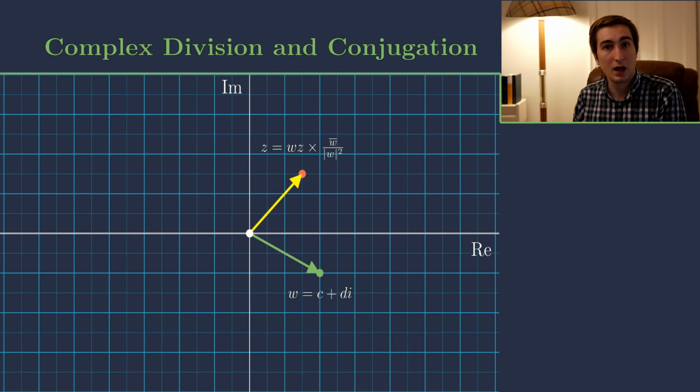Now, if we can figure out how multiplication acts on one complex number, it acts in the same way on all complex numbers in the entire complex plane. That is, we saw that it acted on one complex number by rotating by its argument and then stretching by the modulus, and we extended it to the entire complex plane by doing the exact same thing.